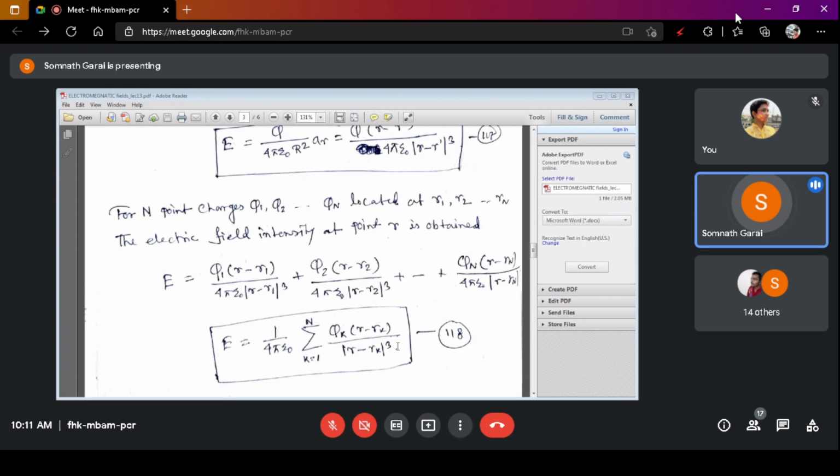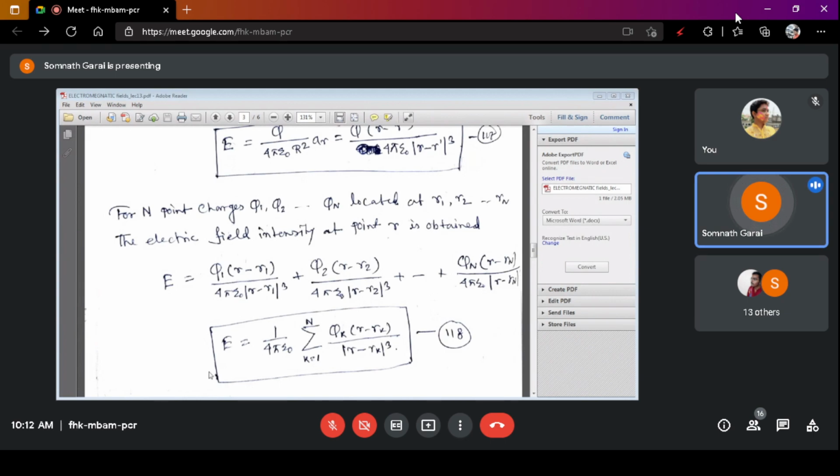So equation number 118 is the equation for the electric field intensity of n number of point charges whose values are q1, q2 dot dot dot qn and whose vector locations are r1, r2, r3 dot dot dot rn.